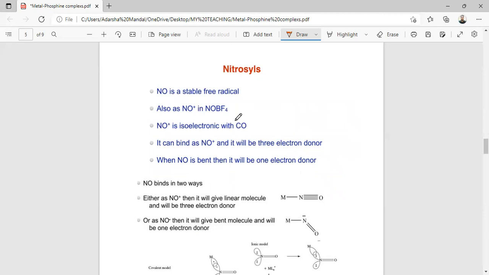As an alternative to using free NO for synthesis, the nitrosyl compound NO+ is available as a salt like NOPF6, and NO+ is isoelectronic with the carbonyl.